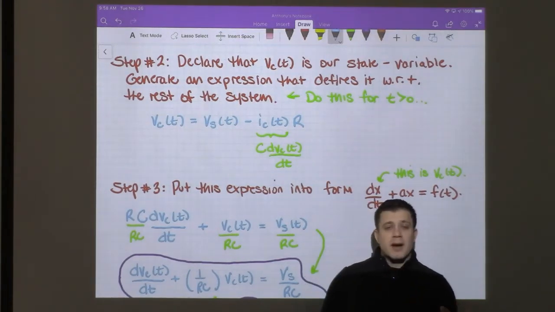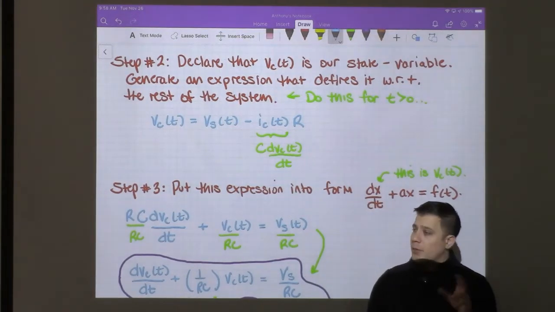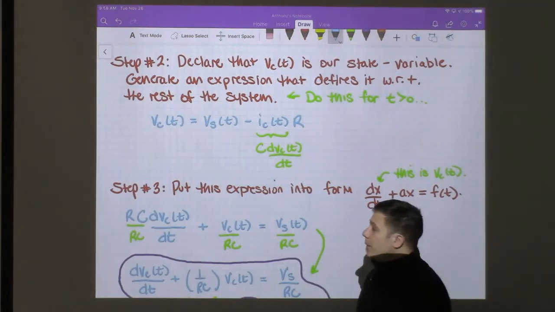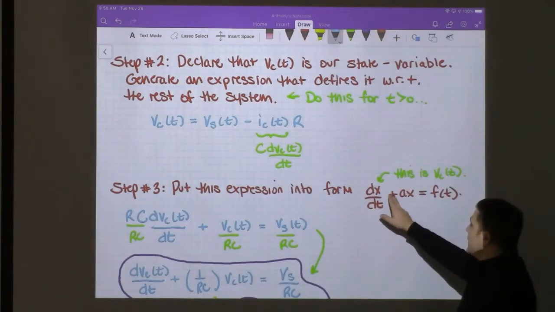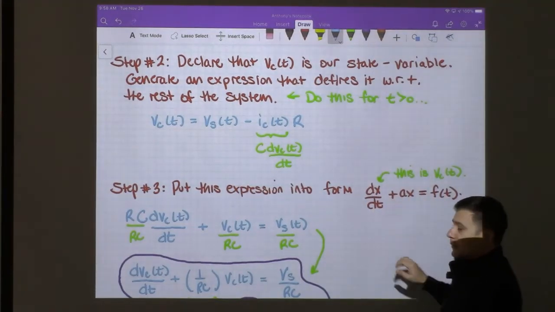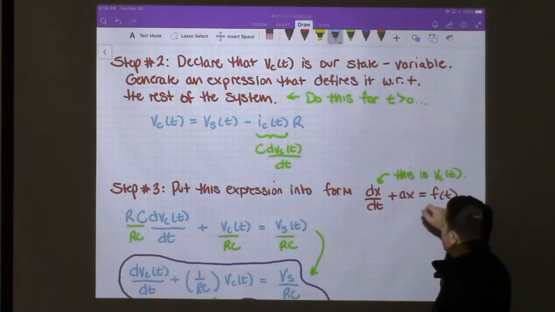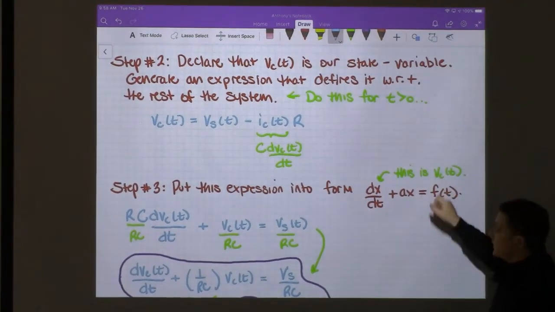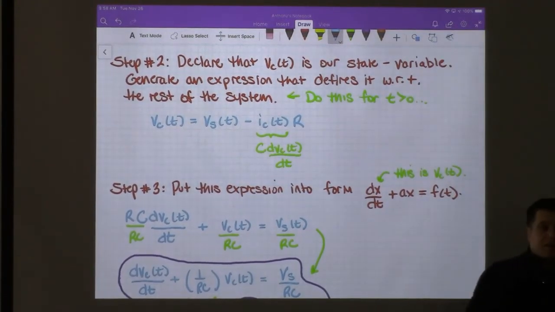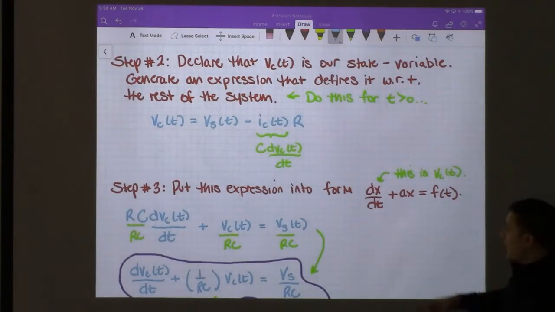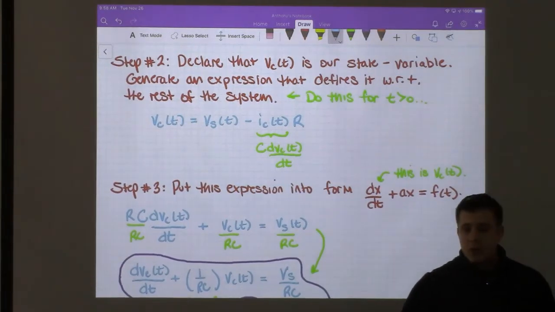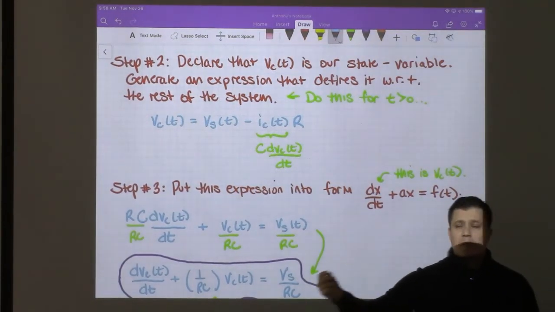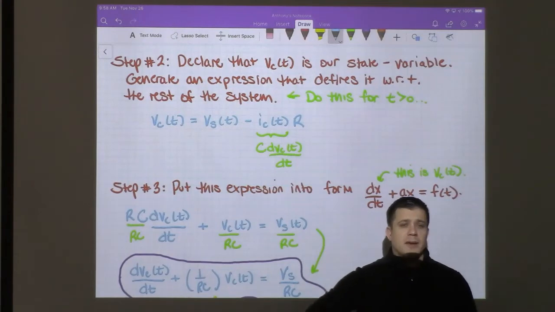We obviously will have to solve for a couple of the values, but that will be much easier. So we want to put this expression into the form of dx dt plus ax equals f of t. This is our general form. X is going to be Vc of t, because x is our state variable. We said in the state variable approach that the voltage across the capacitor was going to be that state variable.